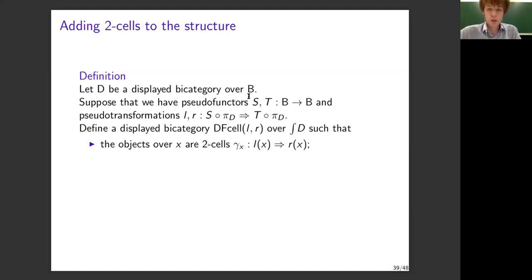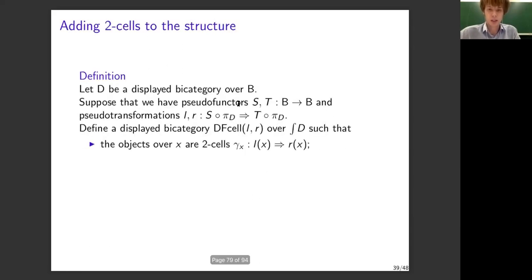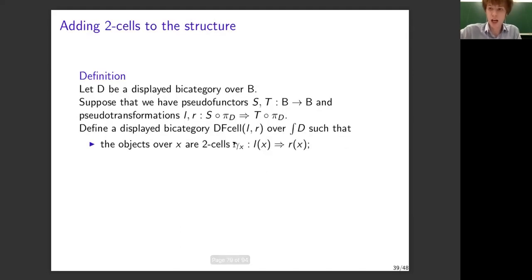Suppose we have two pseudofunctors S and T. These are just the interpretation of S and the interpretation of T. And lastly, we have two pseudotransformations L and R. If you look at this, S projection, T projection, that is the same as what we had before. So L and R represent the left and right-hand side of the equation.